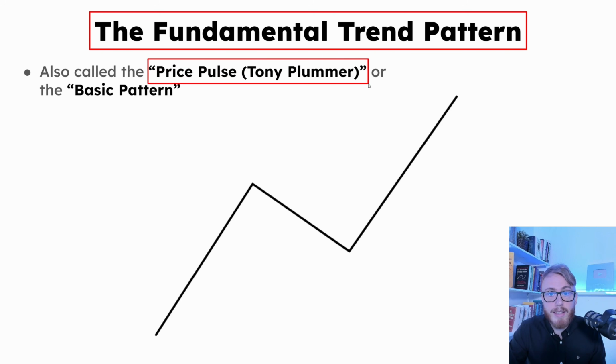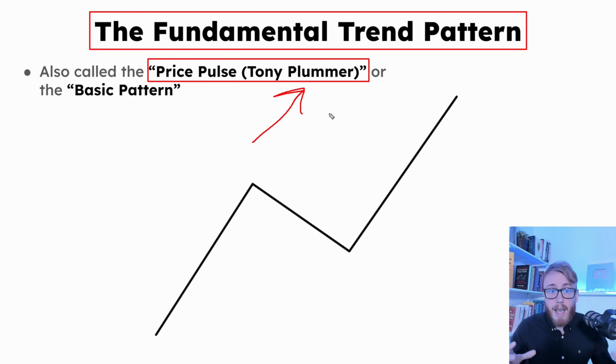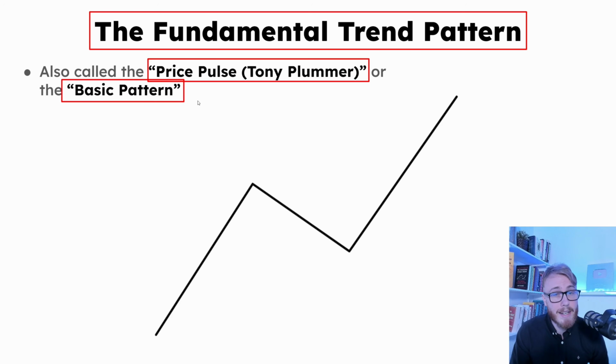It can be called the price pulse right here, and Tony Plummer has written quite extensively about this. He calls it the price pulse. So if you want to read more about this pattern, you can look up Tony Plummer here, but some traders also call it the basic pattern, some traders call it the ABC pattern, and so on and so on.